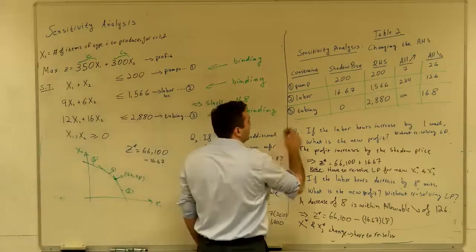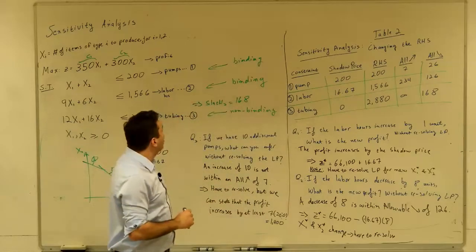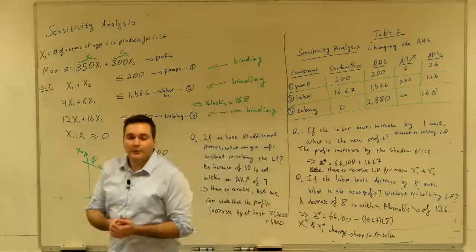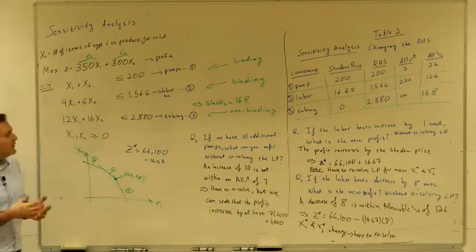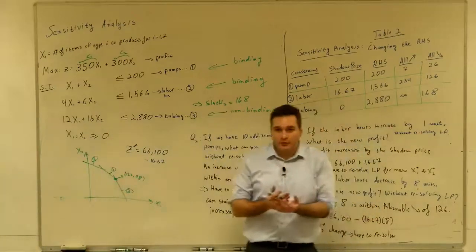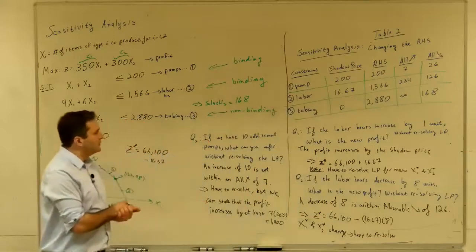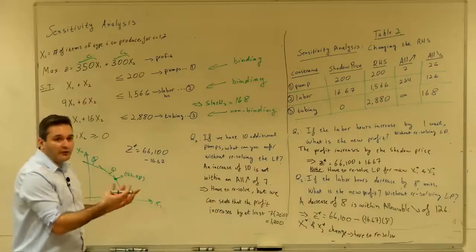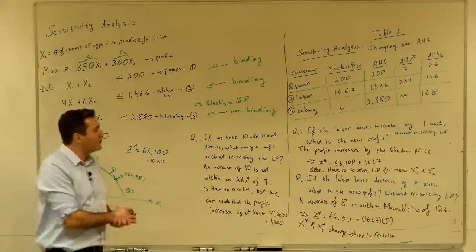And the last point I want to make is about tubing. The tubing constraint, feet of tubing, is a non-binding constraint, and it has a shadow price of 0. That should make sense because remember the slack was 168, meaning I can lose up to 168 feet of tubing without changing the optimal profit. If you have more feet of tubing, your solution will not improve, obviously, because this is a non-binding constraint.